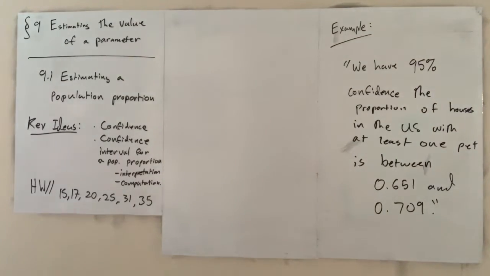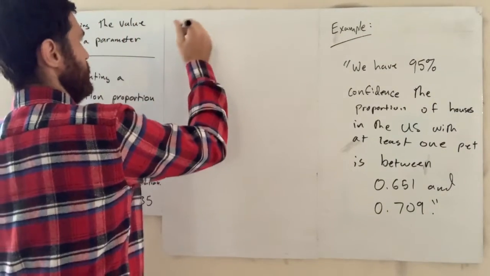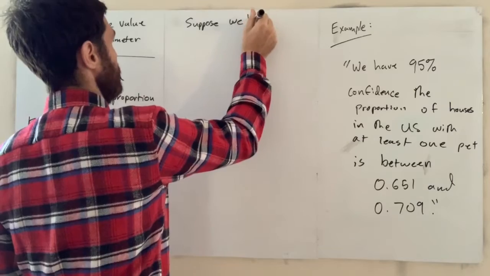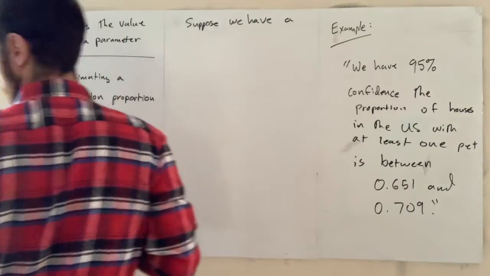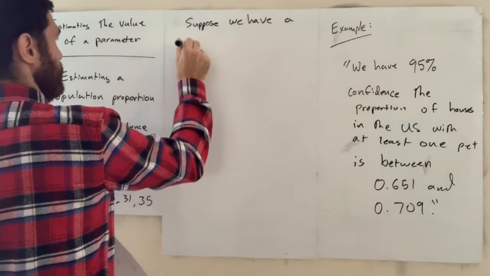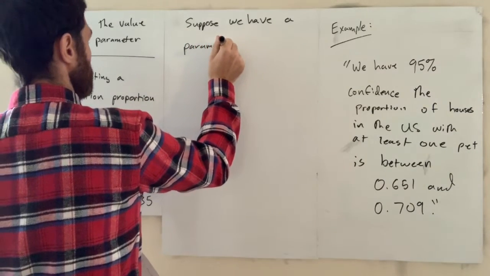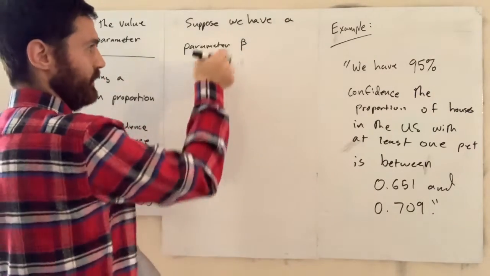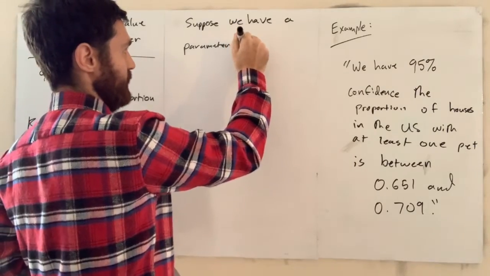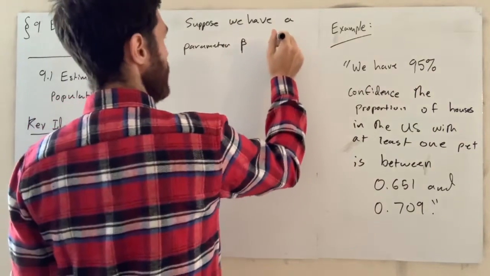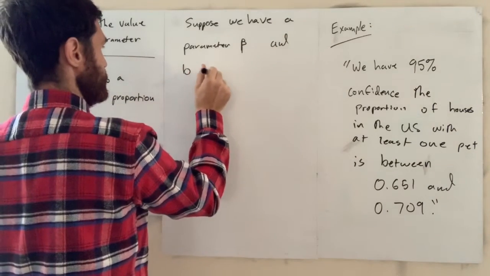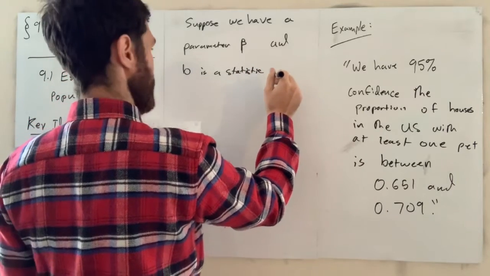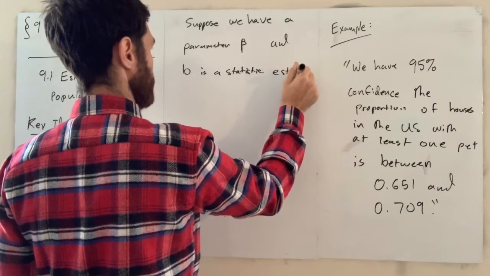Okay, so the main idea in this section is, suppose we have a parameter that I'm going to call beta. So this is just the Greek letter beta. It looks like a B, except you take the side and you make it longer. And B is a statistic that's estimating our parameter.